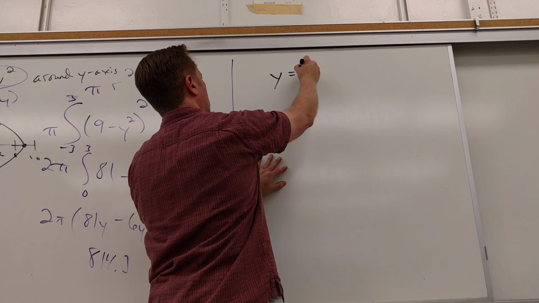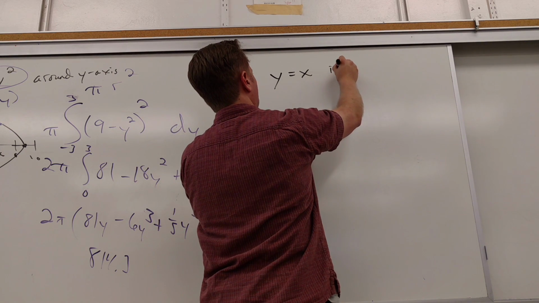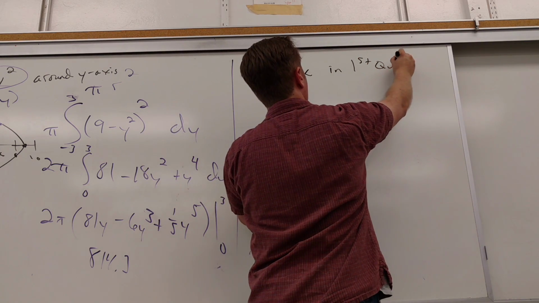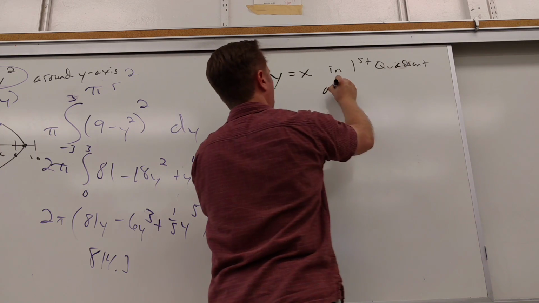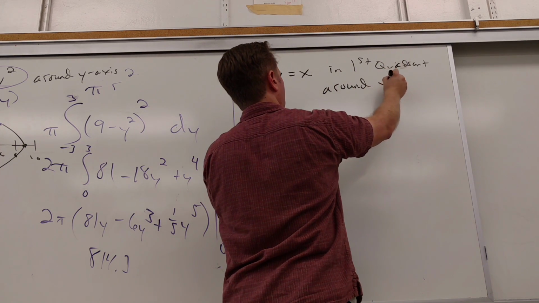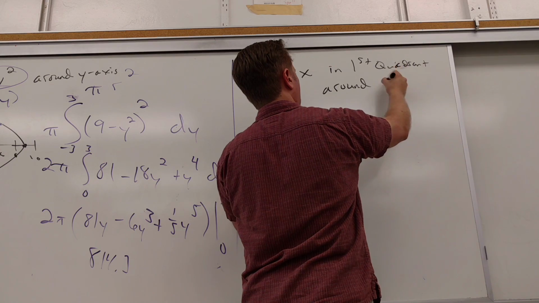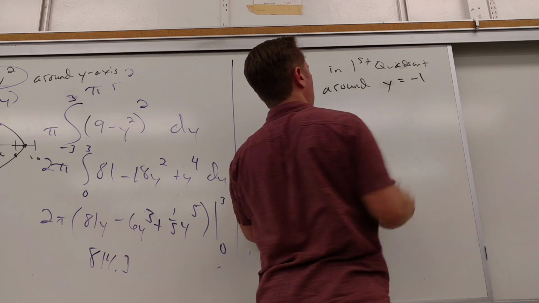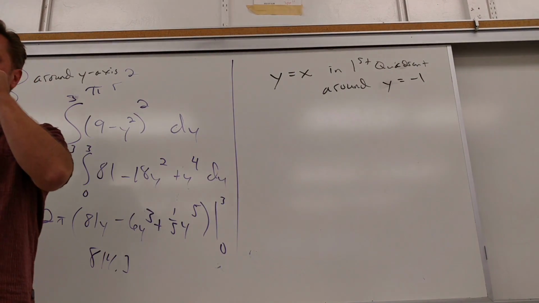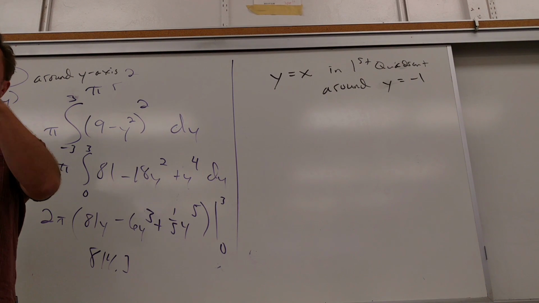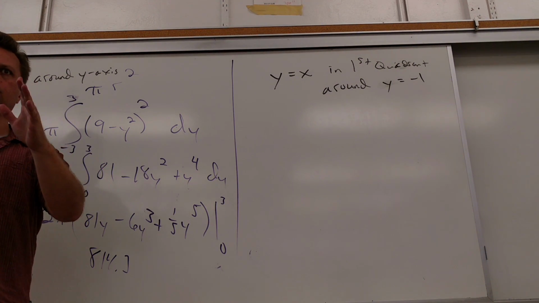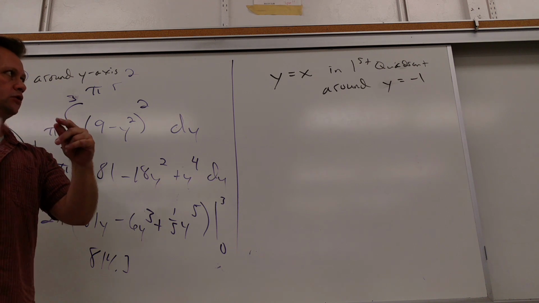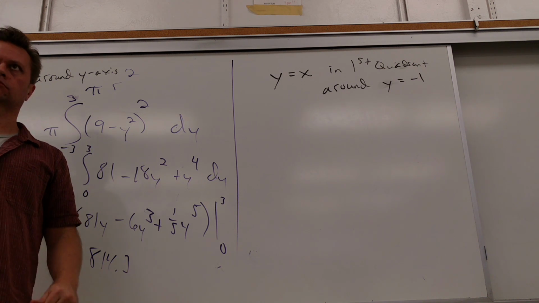Six, two. So y equals x in the first quadrant, rotated around y equals negative 1.